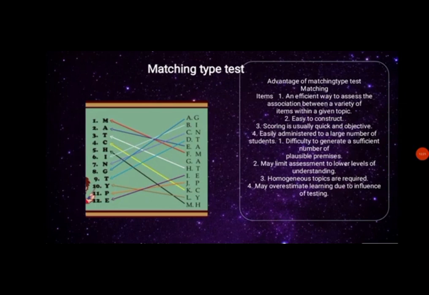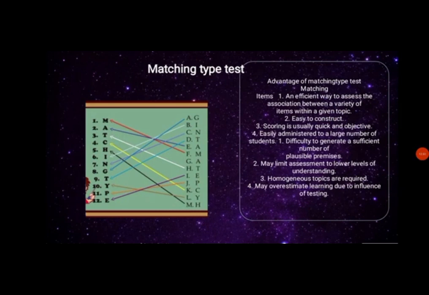Number 3, scoring is usually quick and objective. Number 4 is easily administered to a large number of students.